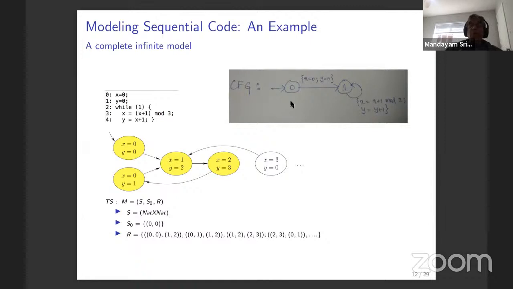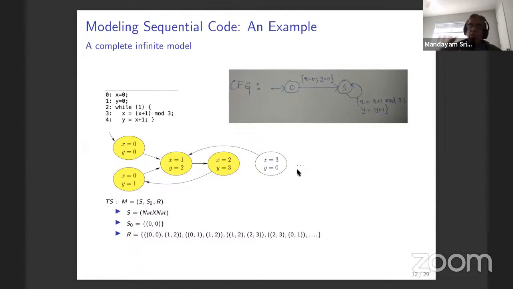In the case of a program, you need an infinite representation. If you did it in graphical form, where every bubble corresponds to a particular instance of a state in the universe of states, then your graph will be infinite.